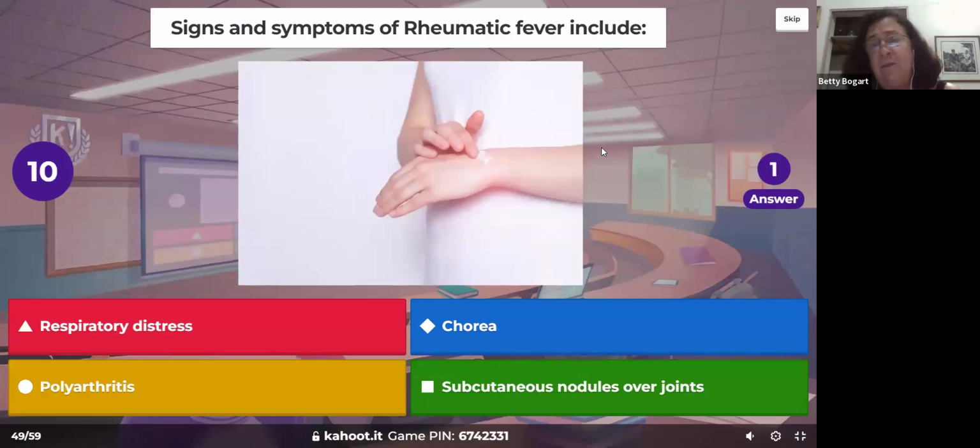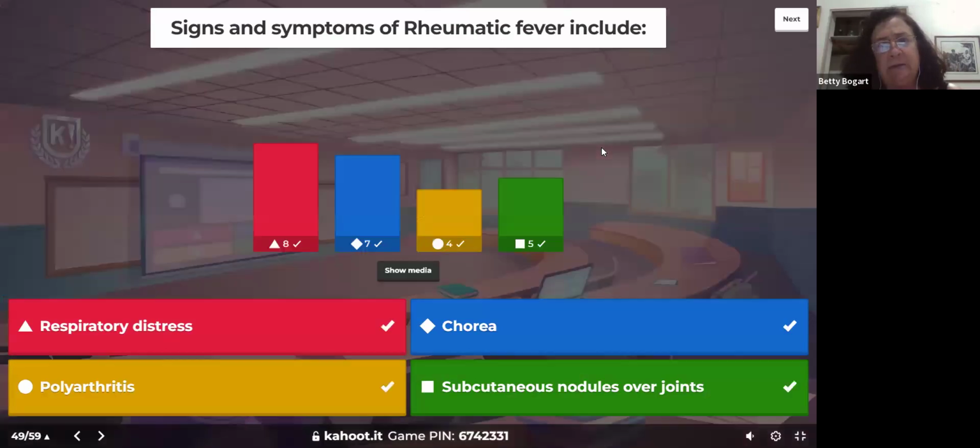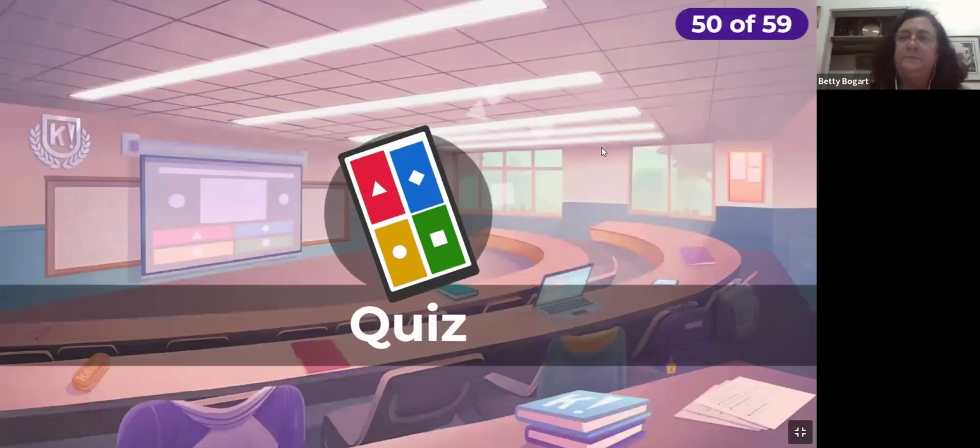How do we treat rheumatic fever? Long-term antibiotics. And remember that heart valve, if it's damaged, it's damaged. It doesn't go away. So it's a little bit of everything that can happen with rheumatic fever. Again, treatment, long-term antibiotics.